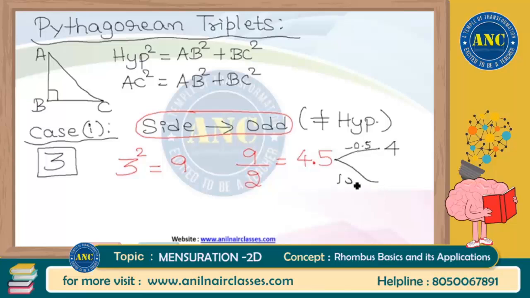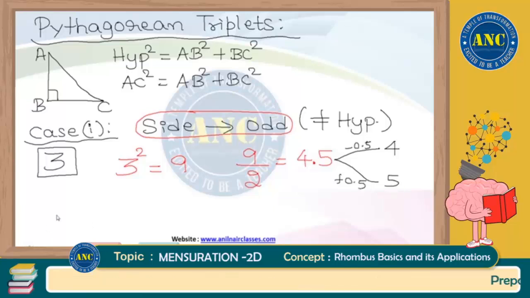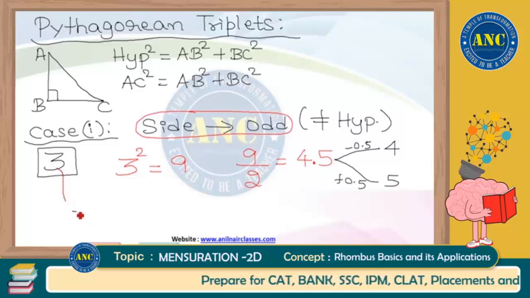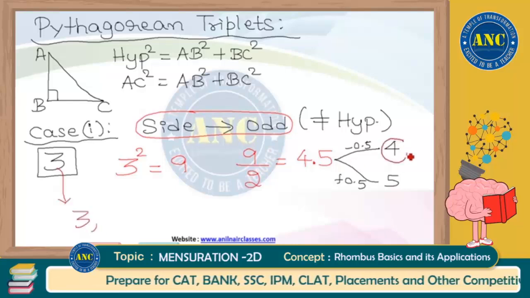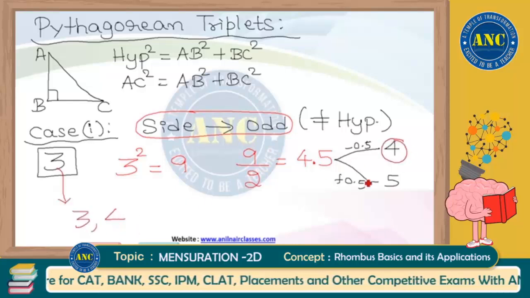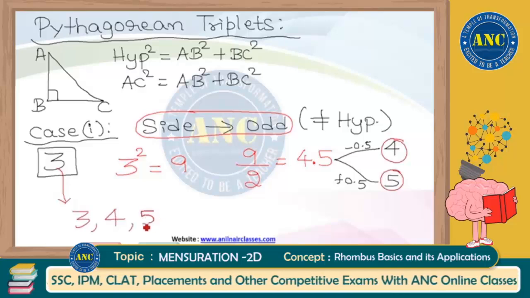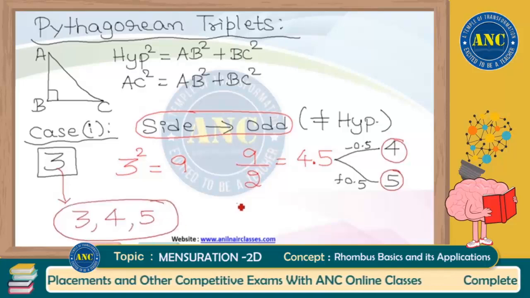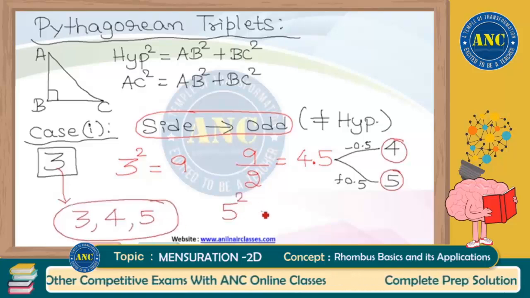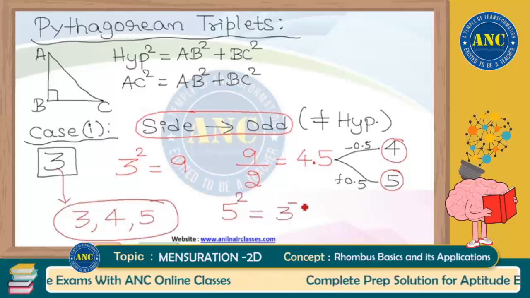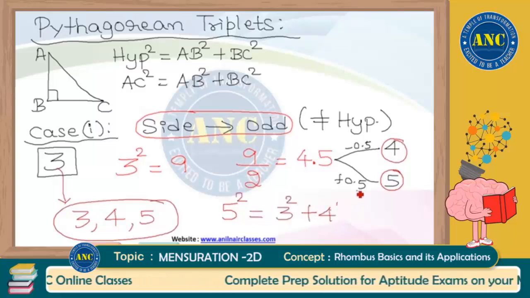Add 0.5 to that 4.5. 4.5 plus 0.5 is 5. That means the three values which form a Pythagorean triplet are 3, 4 and 5. Why will it form a Pythagorean triplet? Because hypotenuse square, 5 square, is equal to 3 square plus 4 square.